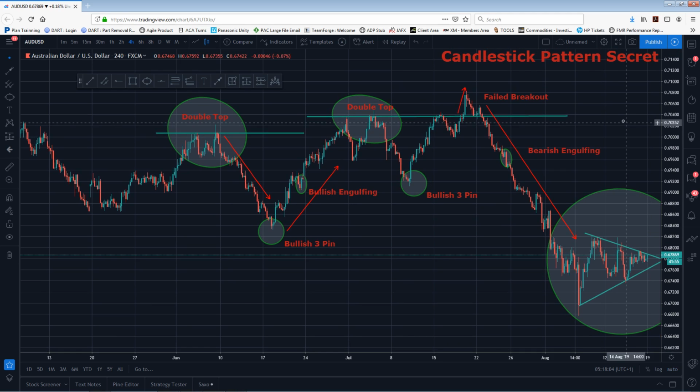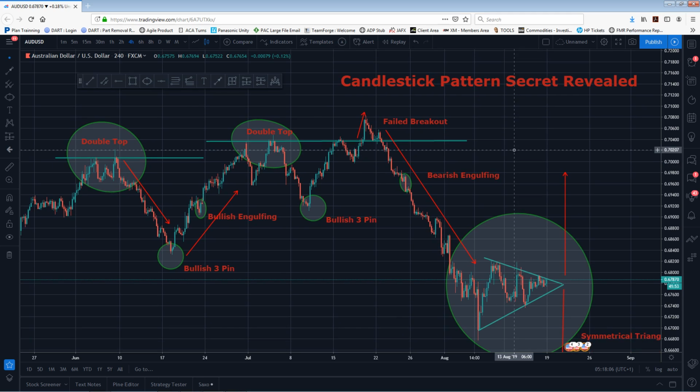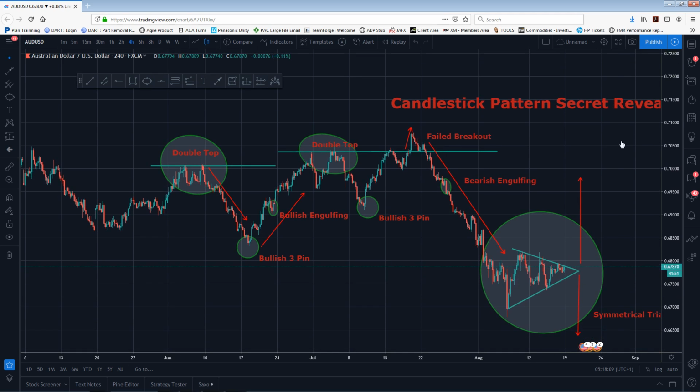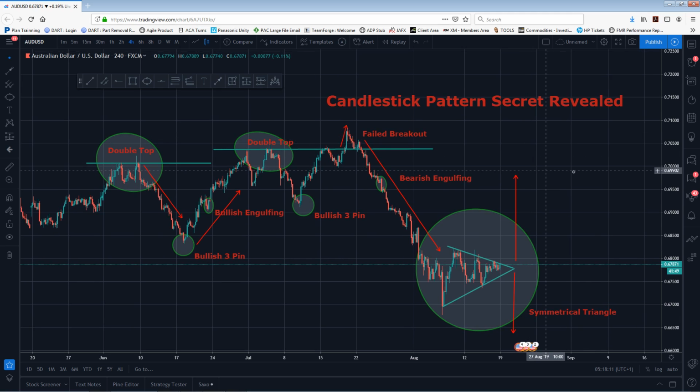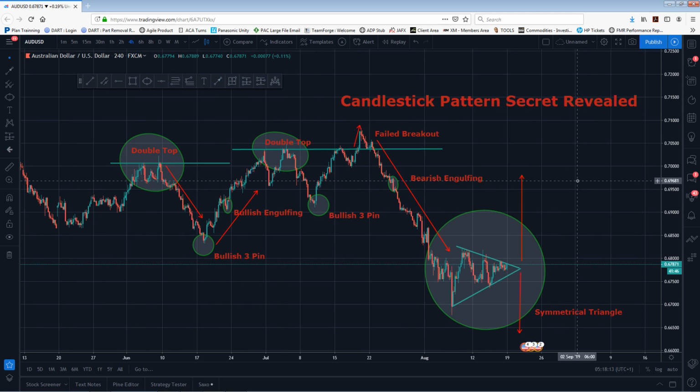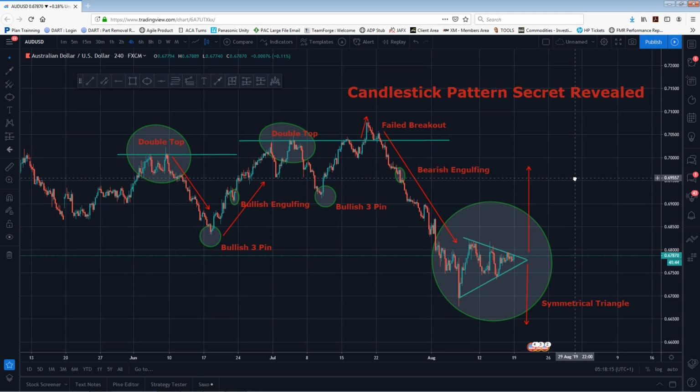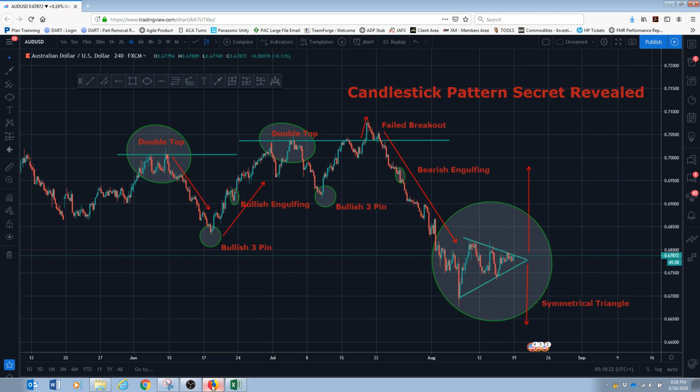That's why I keep telling you guys every lesson, I want you to practice, mark up the charts, and then post your charts in the student group. If you've completed the training, you're going to be awarded entrance into the private student group, and I want you to mark up the charts and post them so we can discuss them.